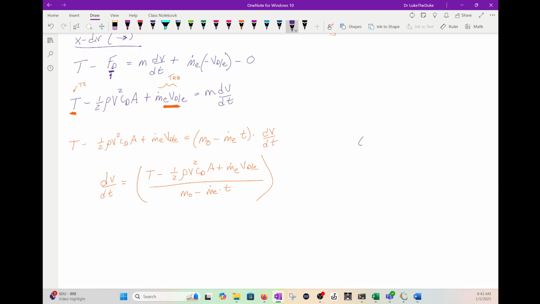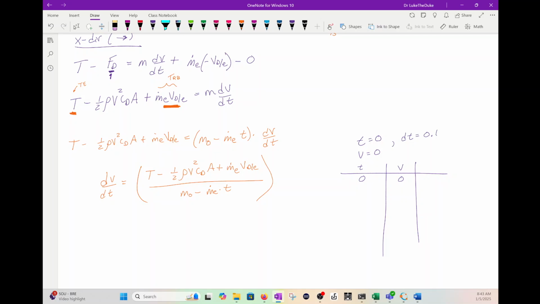We're going to start at time 0. We're going to pick a delta t of maybe 0.1. Okay. We're going to start with initial velocity of 0. And what we're going to do is we're going to march forward in time. So maybe time of 0, velocity is 0, okay?